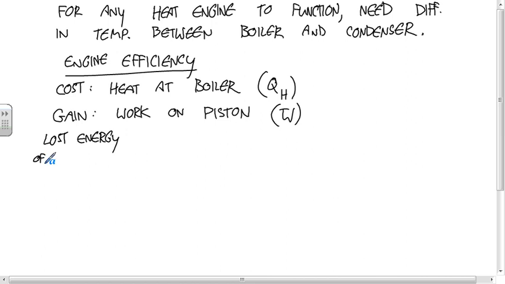So we'd like to minimize this if we could. There are limits to how much we can minimize this, but lost energy of no benefit is heat lost at the condenser.